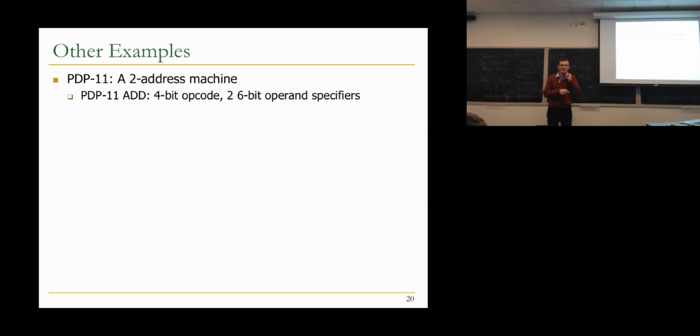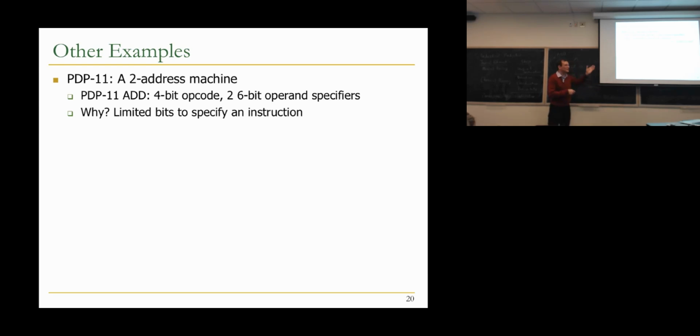Why was it a two-address machine? Because they wanted to keep the instructions 16 bits. That's the main reason. And they still wanted to have that many registers. Code size was very important at that time, to keep the code as small as possible.